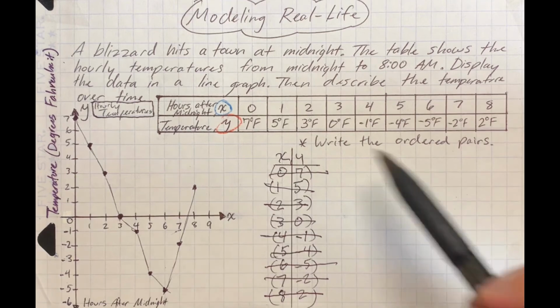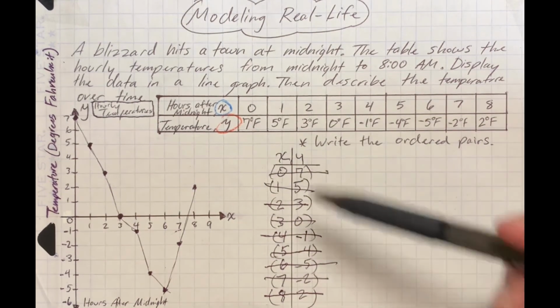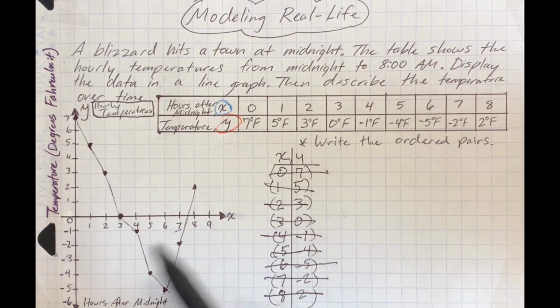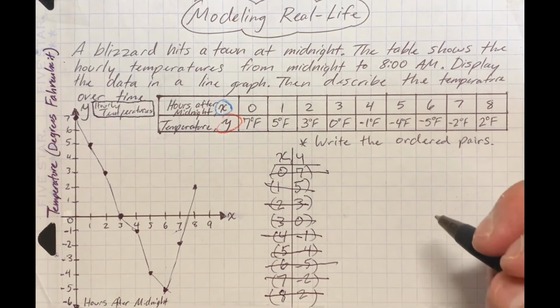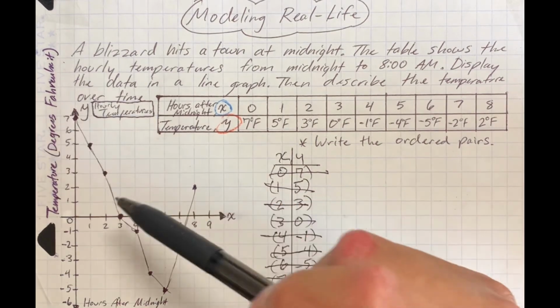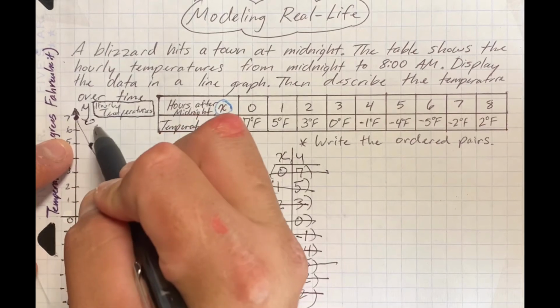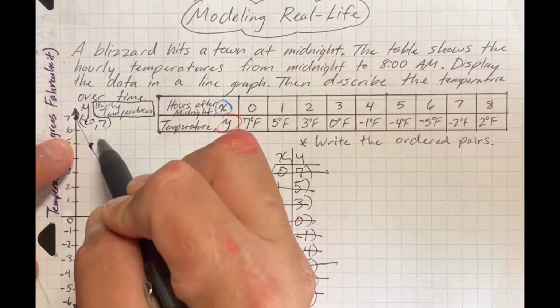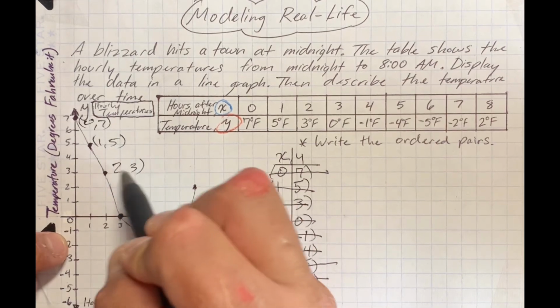So again, we used the data in the table, created ordered pairs, and used these ordered pairs to plot these points on this coordinate plane. We plotted and labeled these ordered pairs, so I have to label it real quick. This is 0 and 7. This is 1 and 5. This one's 2 and 3.